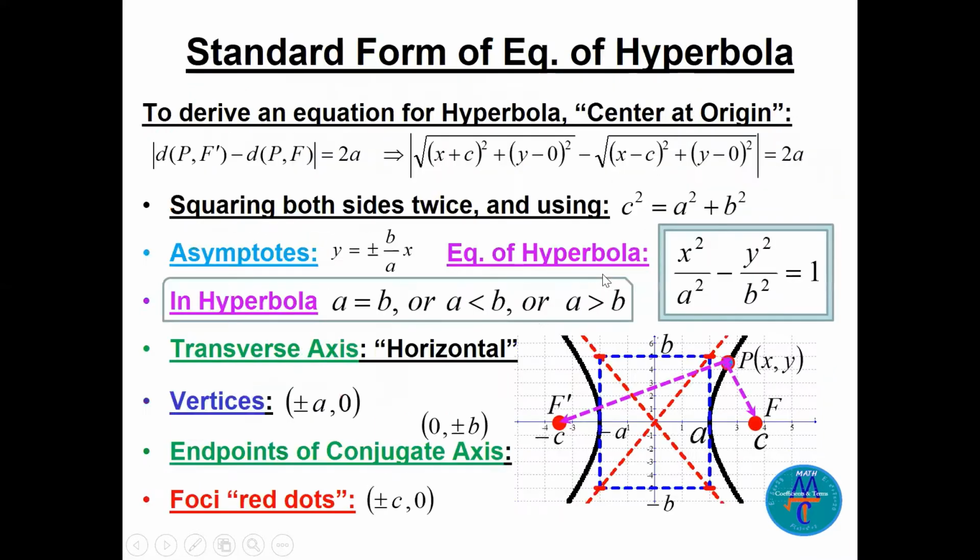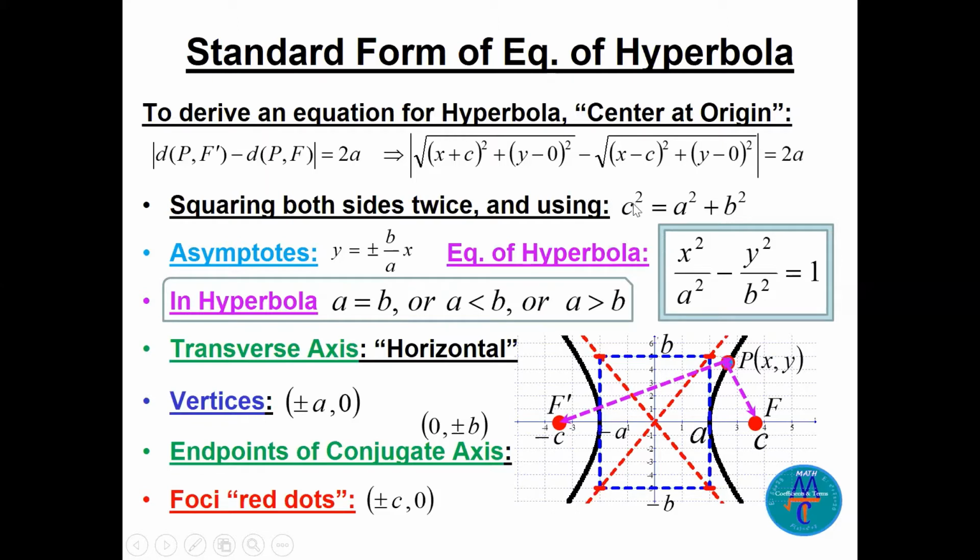Let's go more in depth. To derive the equation, as I mentioned, take any point P. Again, we say that PF prime, see the distance, minus PF, using the distance formula, is equal to A. Square both sides, and proceed until you reach this equation.